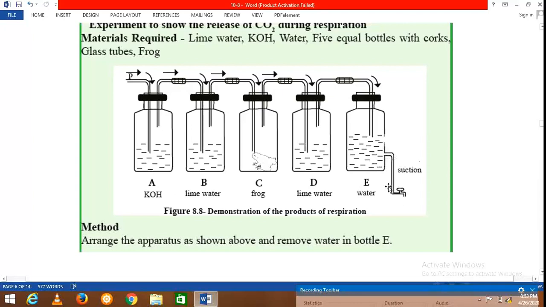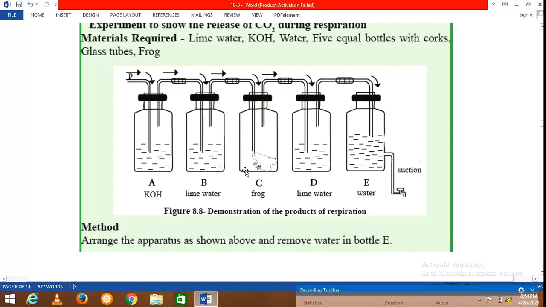Once we have put the things as shown in the diagram, we have to open the tap. That will allow a continuous flow of air from P onwards. Likewise, a continuous flow of air will be maintained once we open the tap. Here we have to use colorless lime water in both instances, and potassium hydroxide is important to absorb carbon dioxide gas.